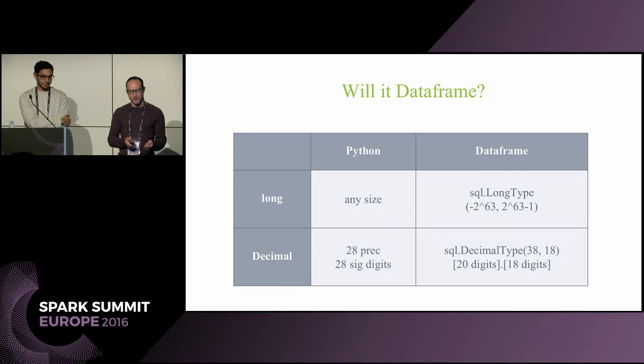And the second type that we noticed was pretty different is the decimal type in Python. In Python, it ends up being 28 significant digits, whereas in data frame land, it gets stored as a SQL decimal type (38, 18). What that means is that whatever your number is, it's allowed up to 38 digits, 20 of which are to the left of the period and 18 to the right.